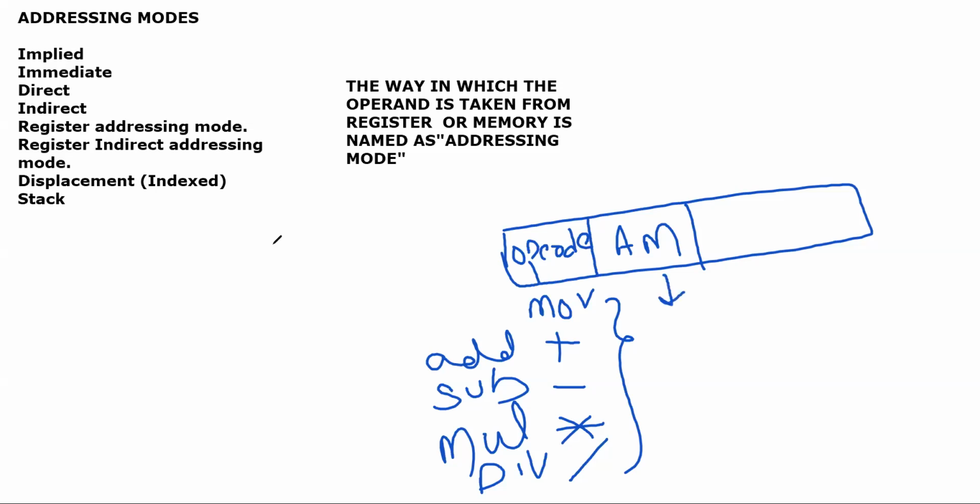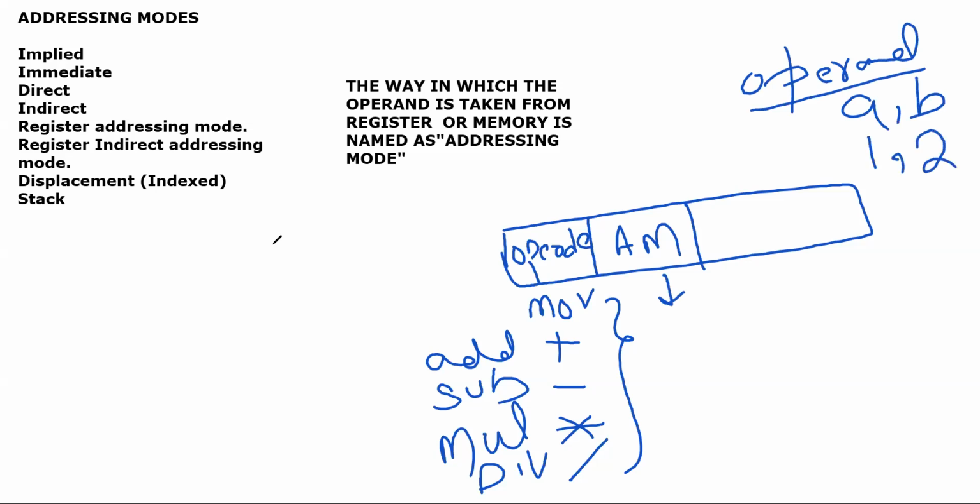For example, operand is A, operand is B. Here you can say operand is 1, operand is 2. In the operand, we will store some data. For example, in operand A we have value 2, in operand B we have value 3. These are operands. So this addressing mode decides which type of operation is performed and which type of operand we will receive.